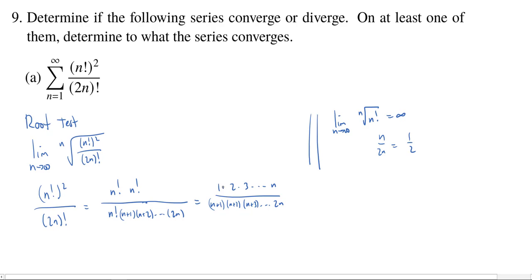It may not be immediately obvious to you, but let's do a quick example so you see what's going on. So let's say we took n to be, I don't know, say 6. So I would have 1 times 2 times 3 times 4 times 5 times 6 over 7 times 8 times 9 times 10 times 11 times 12. So you can see 6 over 12 is a half. As I go down, 5 elevenths, 4 tenths, 3 ninths, 2 eighths, 1 seventh, these fractions are getting smaller.